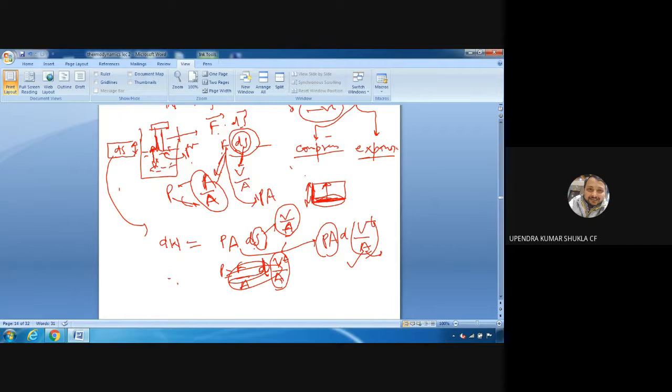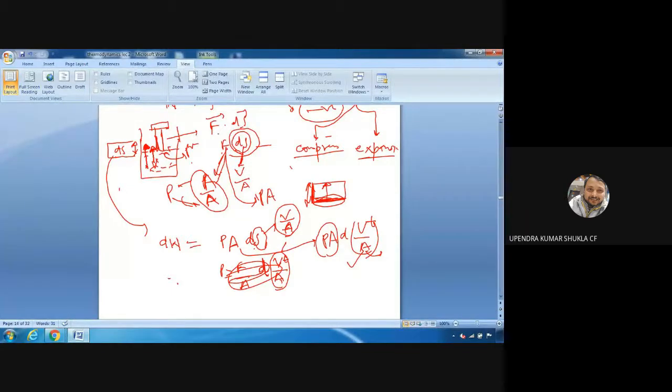Now I told you that this minus sign, so by convention if applied force and the displacement are in opposite direction, actually we are calculating this fluid was expanding.